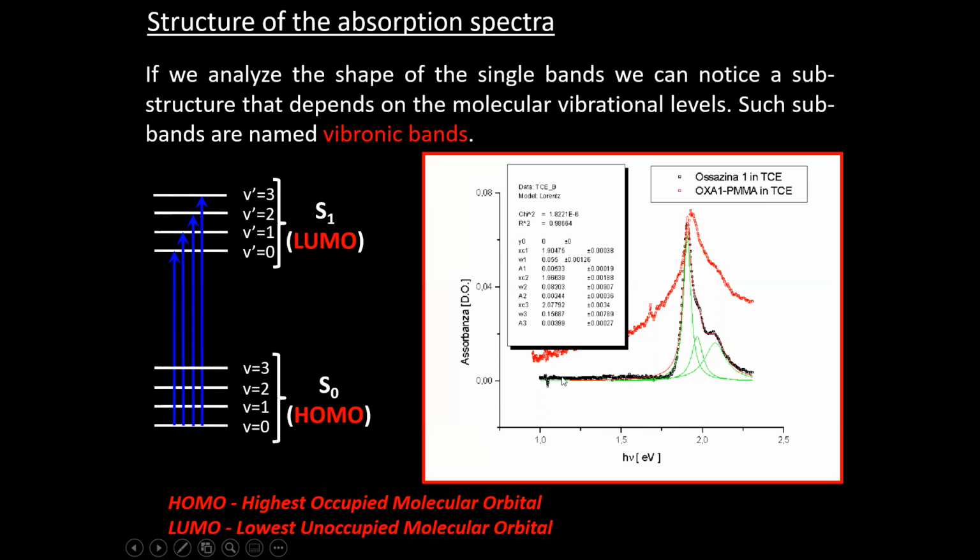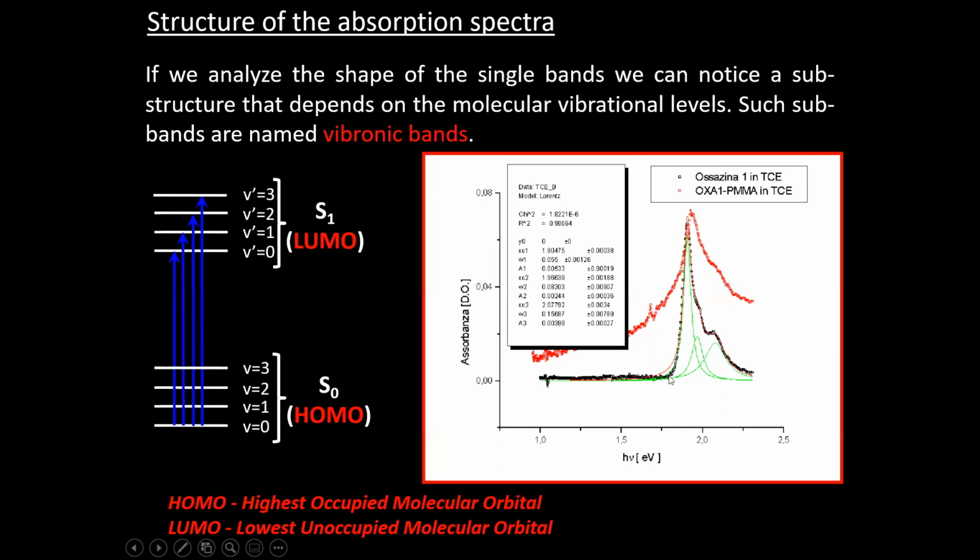And you see, when the energy of the photons is low, so below 1.75 electron volts, more or less, so photons of low energy, these are photons that cannot reach the excited state. You don't measure any absorption. The absorbance is 0. There is no absorption.